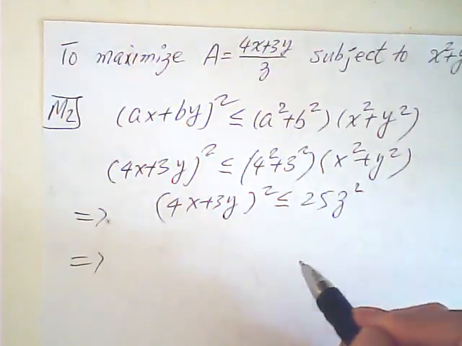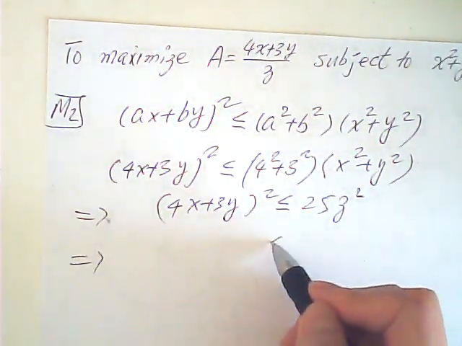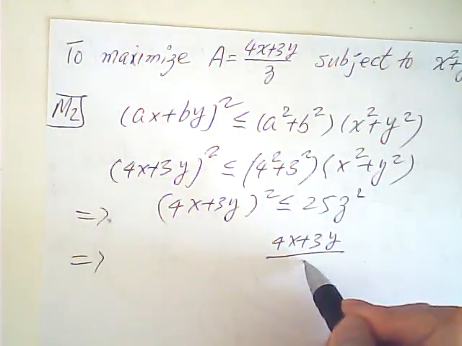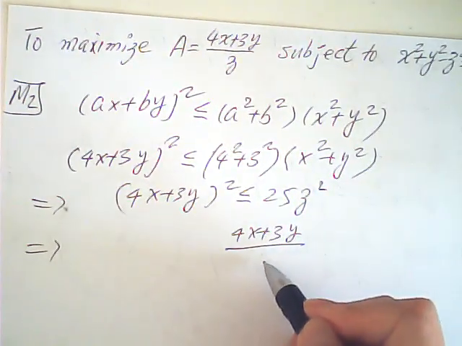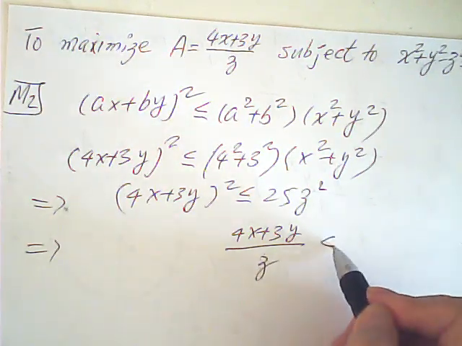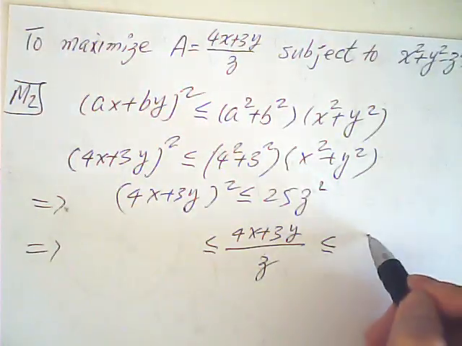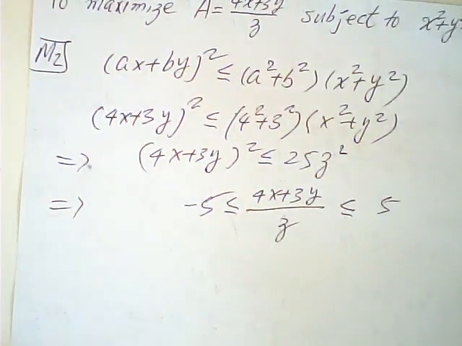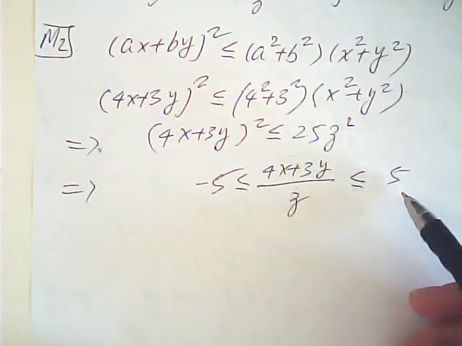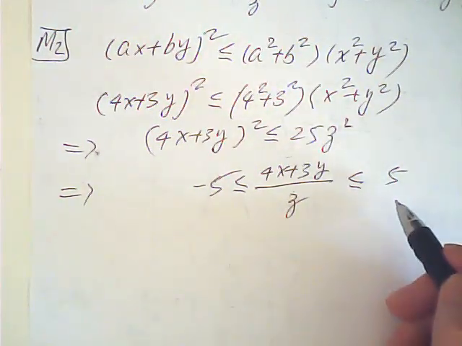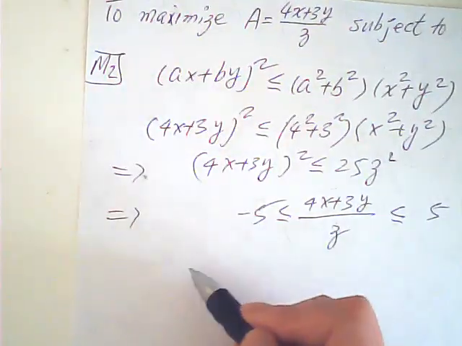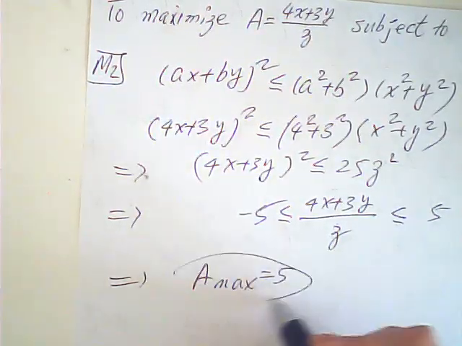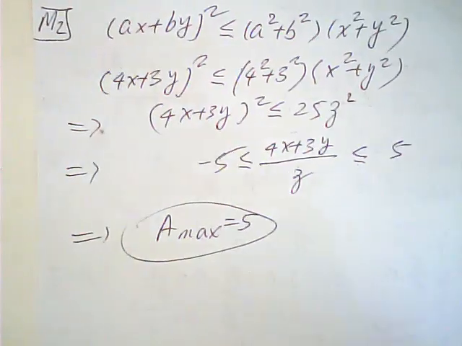So this means that (4x plus 3y) over z is less than or equal to 5, because of the square root of 25. So since we are looking for maximum value, therefore maximum A is equal to 5. All right, this is the second method.